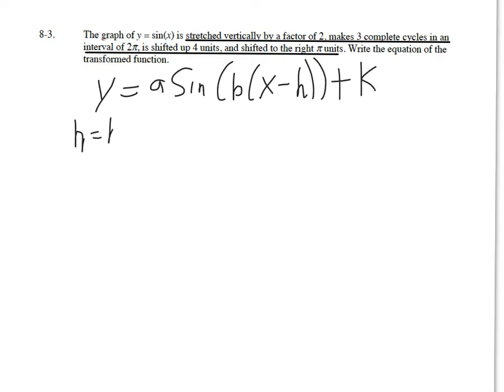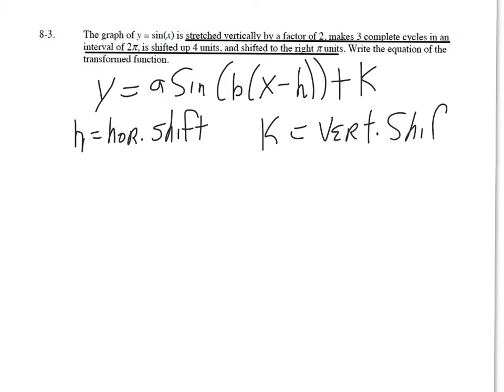So h, horizontal shift, k, vertical shift. A is your amplitude.